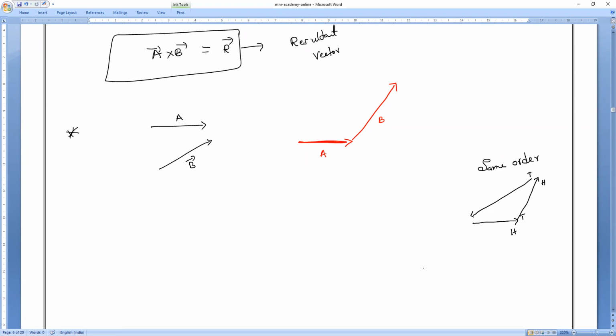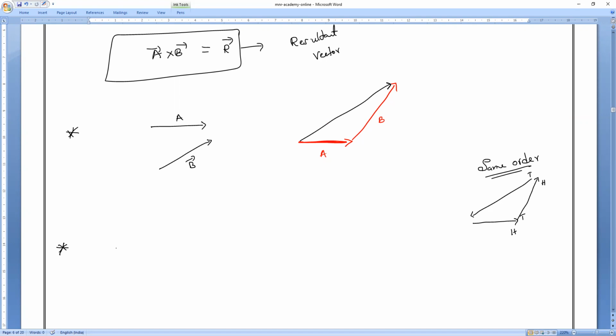Now vectors A and B must be in the same order and the resultant vector must be in opposite order. It has to come in the upward direction. So that is the resultant. Understand? Clear or not, everybody? Yes, sir.